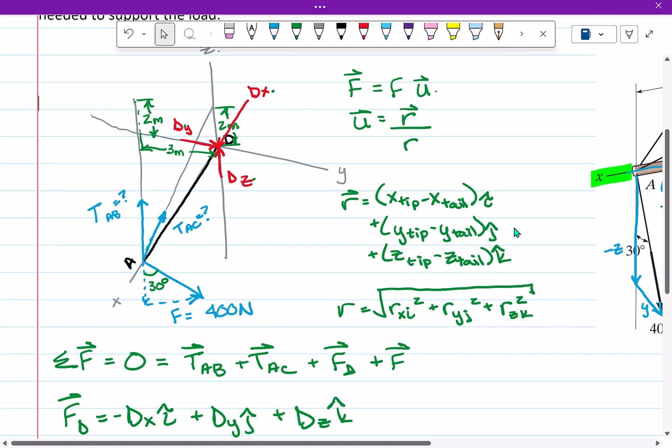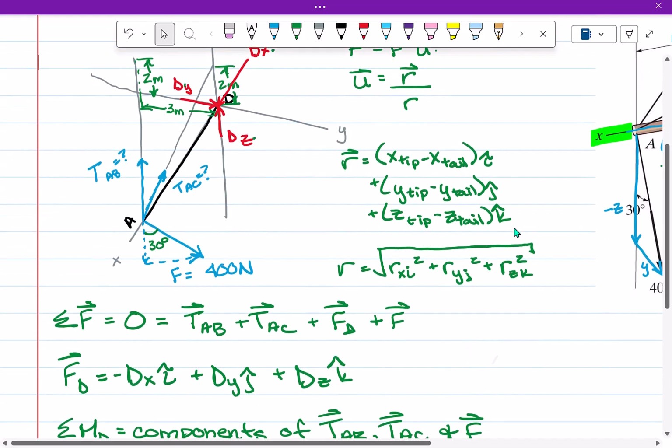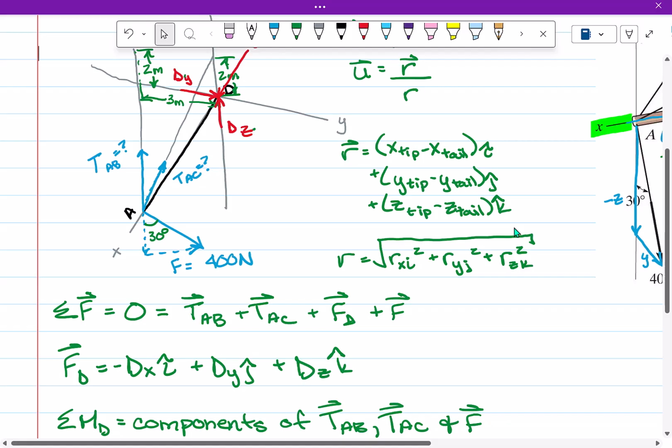Notice this is the vector sum. So if we're going to add all of those components, all we have to do is get them into the Cartesian coordinate system. That would be the easiest. And then just add the i components, the j components, and the k components, and recognize that they have to all equal 0.